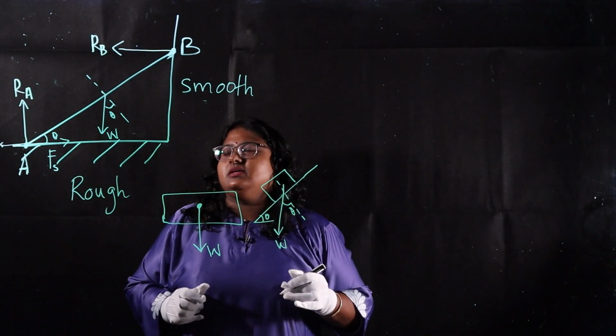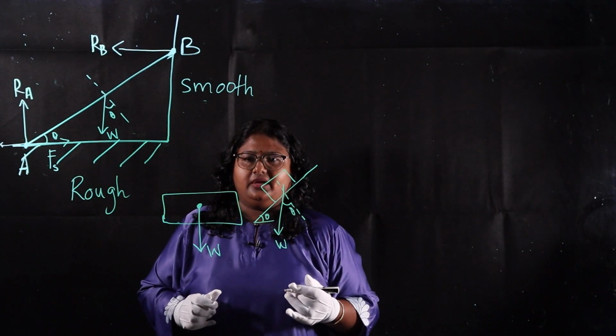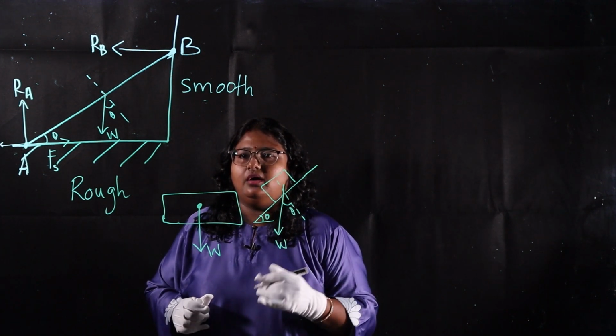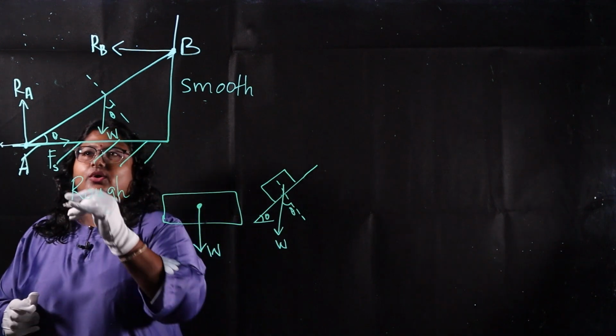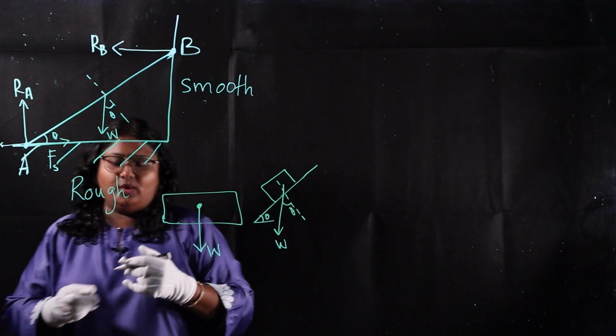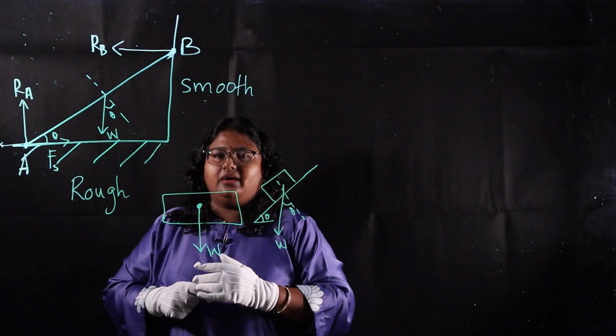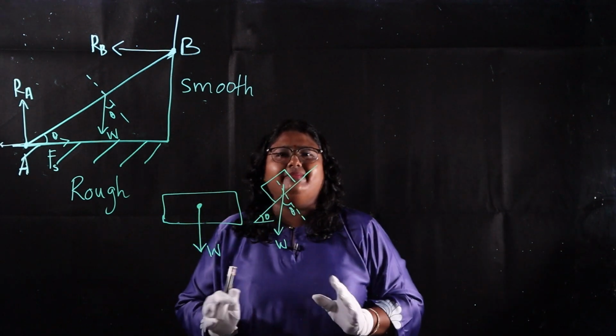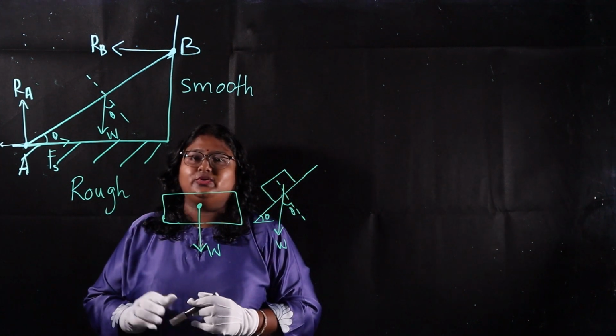Some books use N for normal reactions, so it doesn't matter whether you use R or N. So there are four forces in our diagram or system, all the forces acting on this ladder system. So simple. Now we go to the solution.